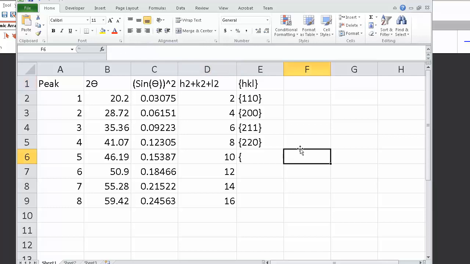That's what that's supposed to mean. Okay. So 10, how do we get to 10? It can't be a 4 plus 4. So we could do a 3 and a 1. That's 310, because the total is even.